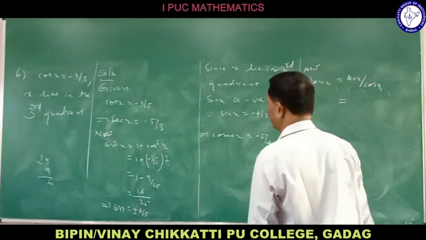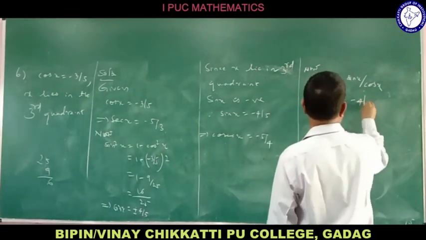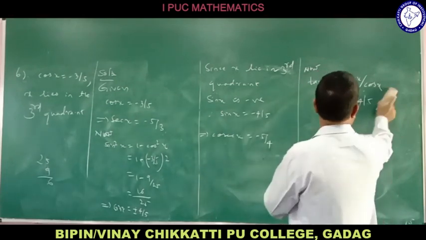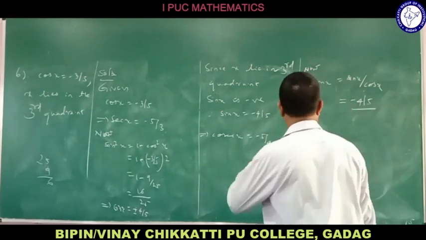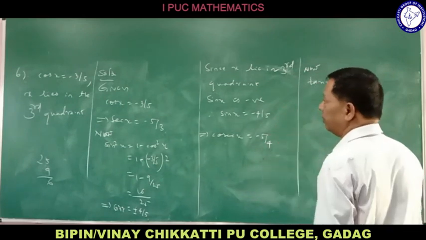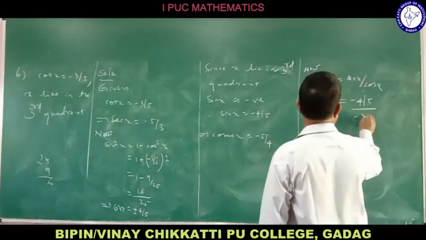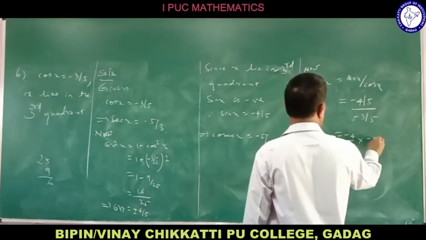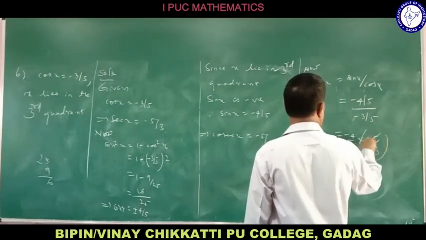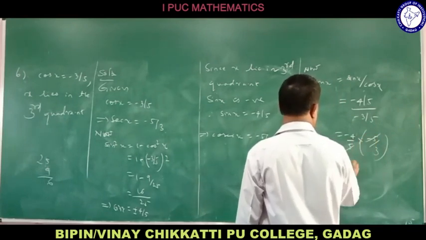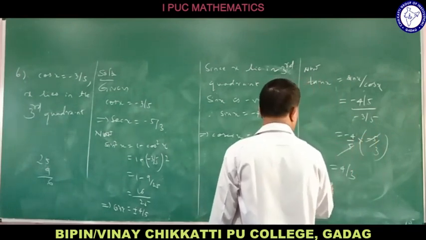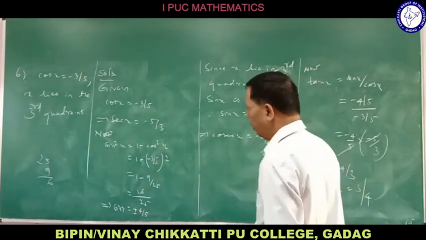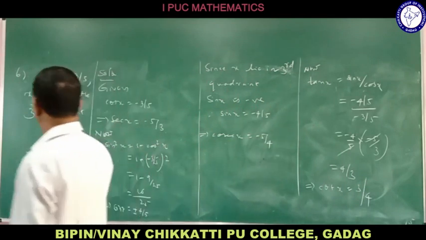Sin x is minus 4 by 5 divided by cos x, which is minus 3 by 5. So minus 4 by 5 into minus 5 by 3, so you write 4 by 3. So this implies cot x is equal to 3 by 4. So this is the way how we find all the results.